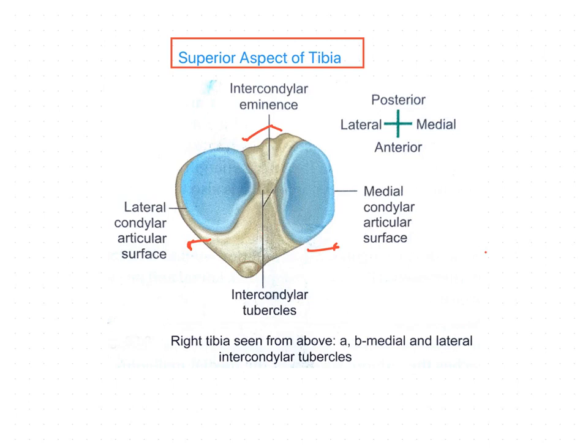The intercondylar area is raised in its central part and constitutes the medial and lateral intercondylar tubercles. So like this the eminences are present. On the medial side we call it the medial intercondylar tubercle. On the lateral side we call it the lateral intercondylar eminence.